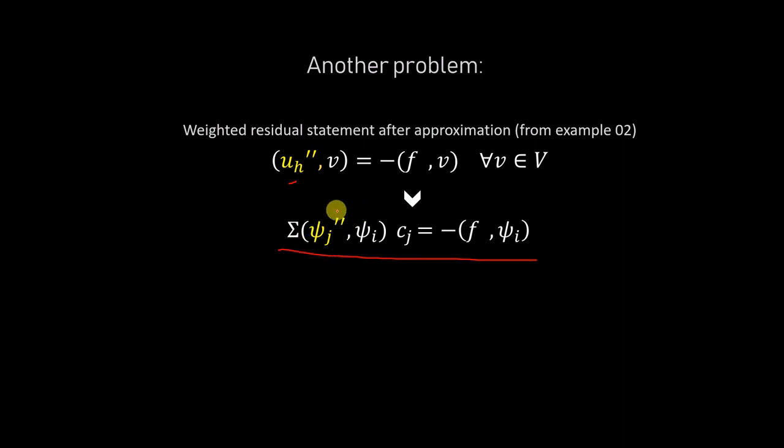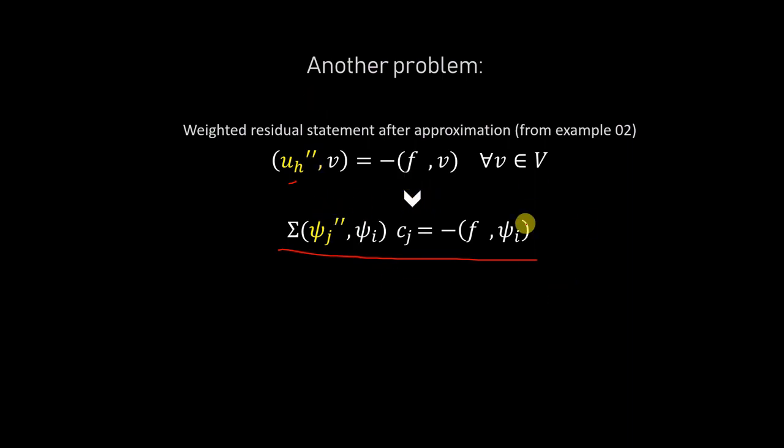What if, for some reason, you can't use a basis function whose second derivative exists, or they are not differentiable up to second order? What if there is some constraint like that? Then you can't use this statement, because you need to construct basis functions which are differentiable up to second order, but that's what you can't do. We don't know the reason, but suppose you are not able to.